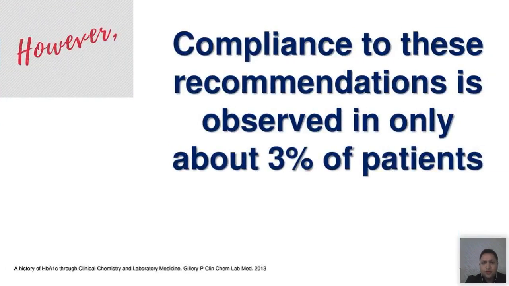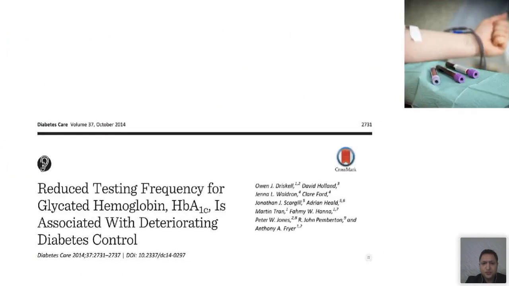Even in the Western countries and in our region, in particular Saudi Arabia, the compliance with the recommendation to be tested 3 times a year or 2 times a year is very poor. The compliance rate for HbA1c testing is shown to be only around 3% of patients who have their blood tested for HbA1c levels during their visits to their primary treating physician.